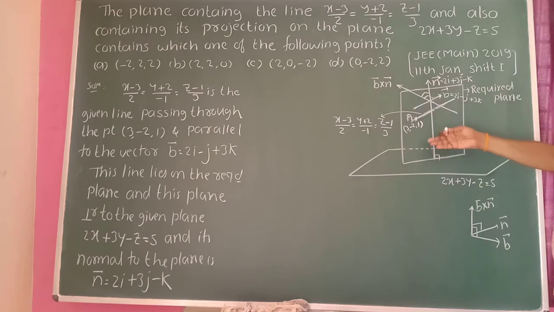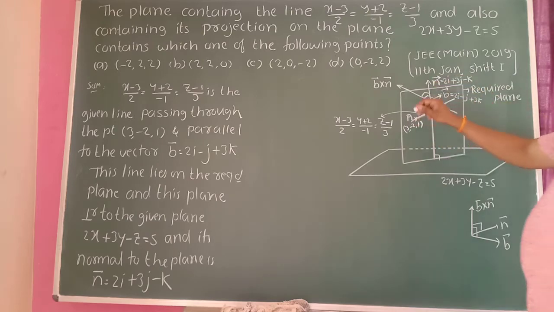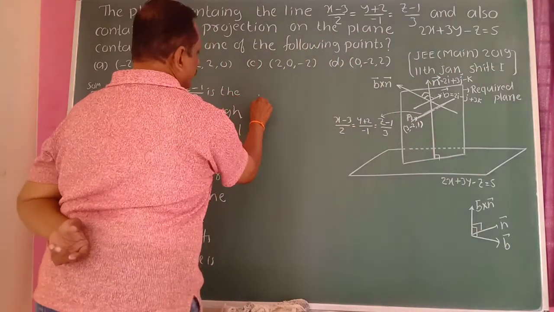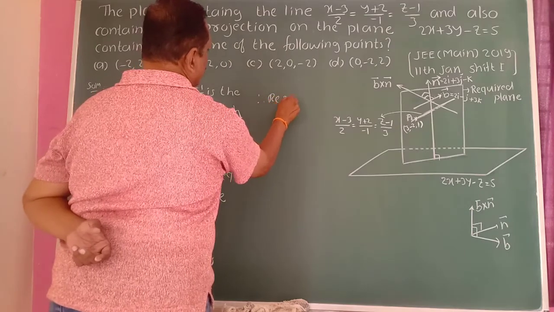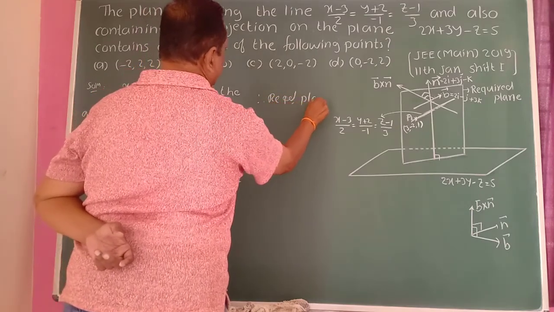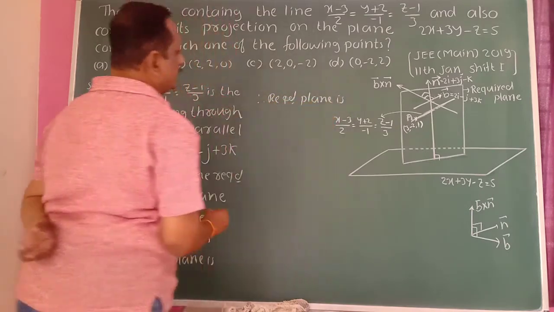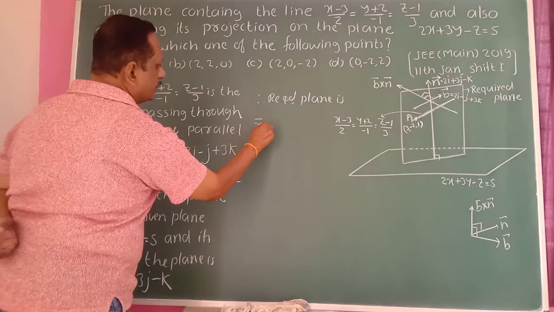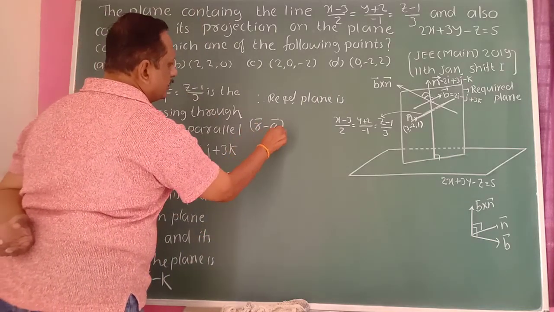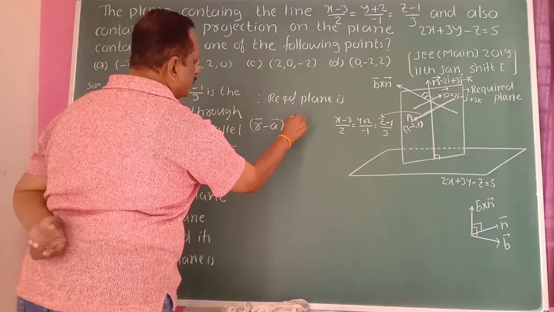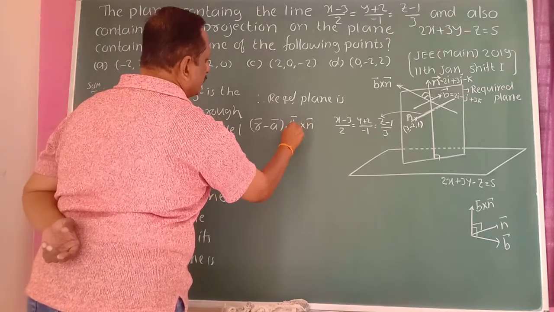Hence this plane passes through the point (3, −2, 1). The required plane is (r bar − a bar) · (b bar × n bar) = 0.